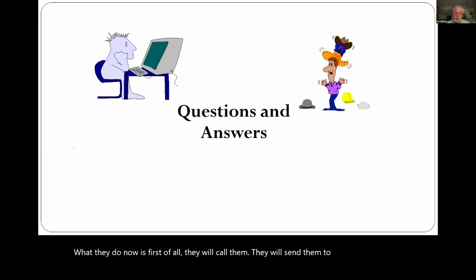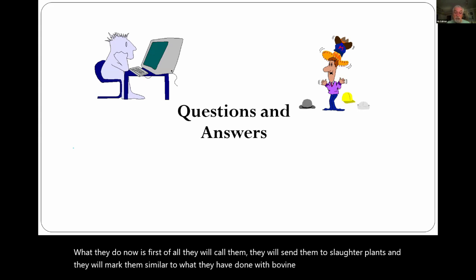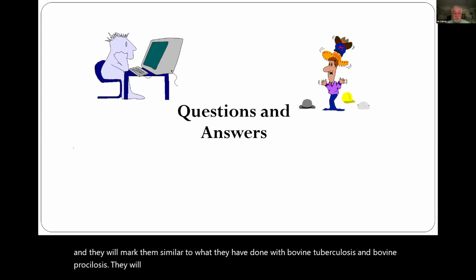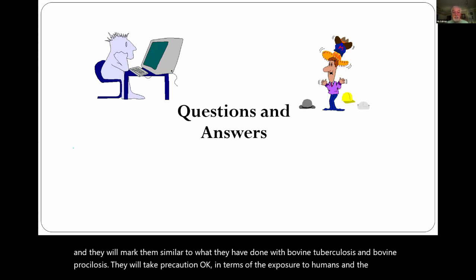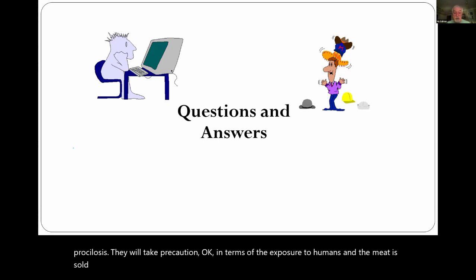slaughter plants, and they will mark them, similar to what they have done with bovine tuberculosis and bovine brucellosis. They will take precautions in terms of exposure to humans, and the meat is sold only as cooked meat.